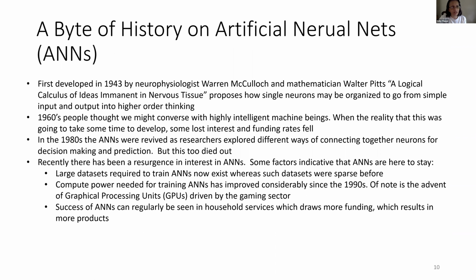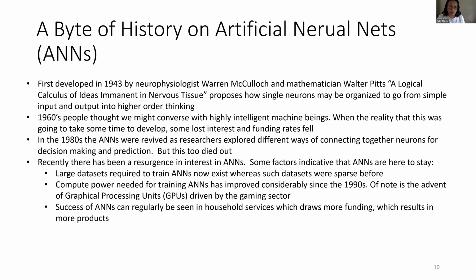There was a resurgence in the 1980s when artificial neural nets were revived as researchers became interested in exploring things about neurons and decision-making and prediction. This was just a short burst, and then after the work on that area was finished to their satisfaction, the ANNs largely fell back into a dark age.